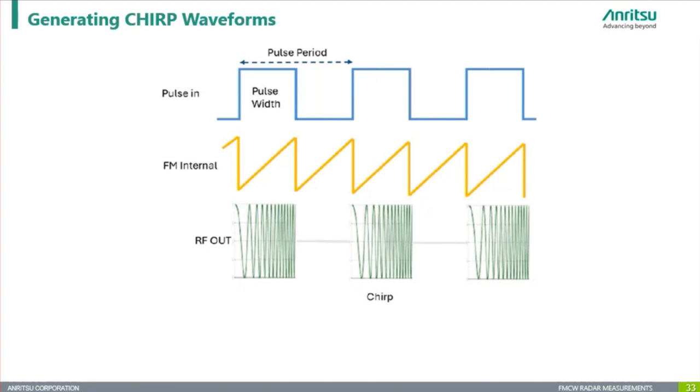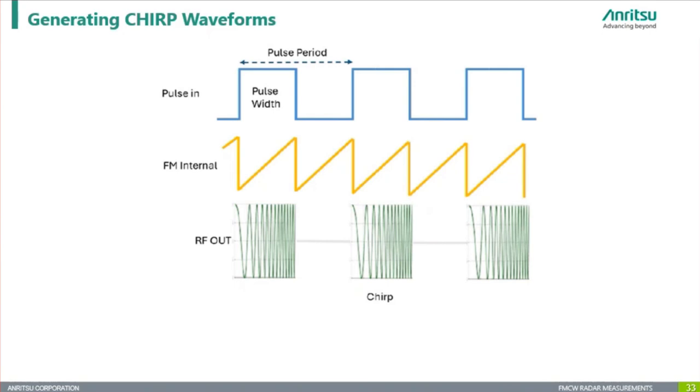Next, we configure FM modulation using a ramp waveform. The ramp start is synchronized with the start of the pulse. The ramp duration is set equal to the pulse width, ensuring the frequency sweep occurs during the pulse. Step 3. Chirp generation.